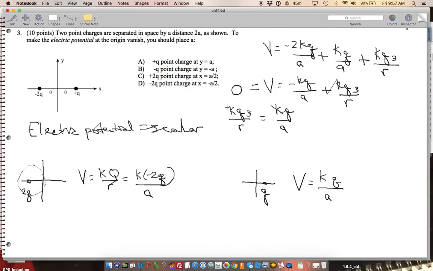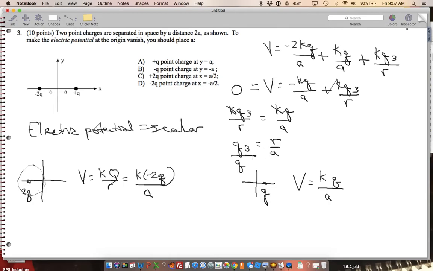Cancel out my k's, right? And so q3 is equal to r over a. And I can bring this q down over here. So I'm just cross multiplying. So I can have q3 over q is equal to r over a.